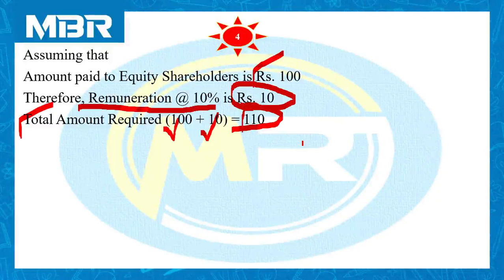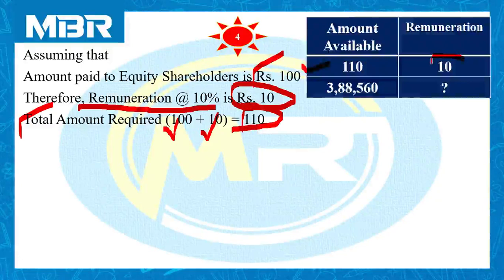Now using this we can put a cross multiplication. If the amount available to the liquidator is 110, the amount of remuneration is 10, that you can directly correlate to this calculation. If we have 110 rupees in our hand, we can pay 10 rupees as remuneration and 100 rupees to the equity shareholders.